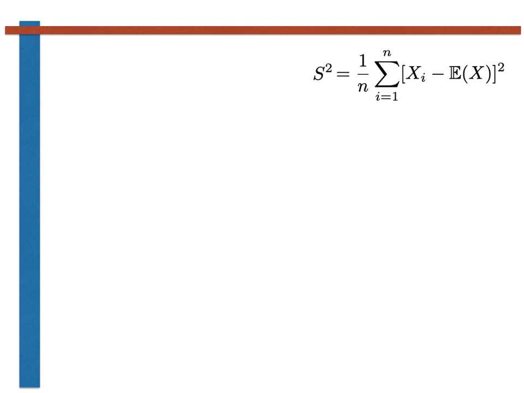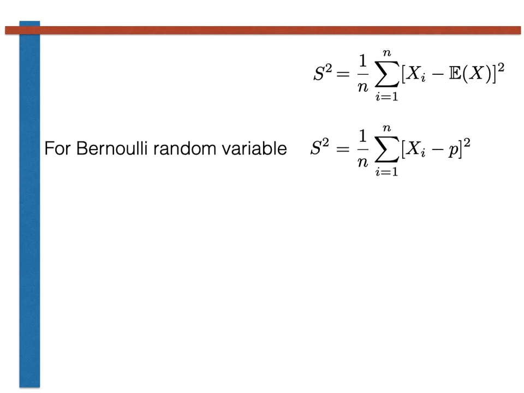You can use this idea to calculate the parameters of the underlying distributions of random variables. To see how, let's suppose that we are told that each of the xi is a sample of a Bernoulli random variable. We know that the expectation of a Bernoulli random variable is p, and we can thus insert p in place of the expectation. We then want to find the value of p that minimizes this quantity.